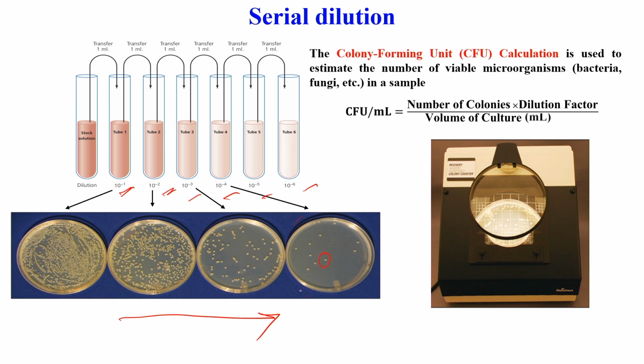So, based on this we also calculate what is the concentration of microbe in terms of colony forming unit per ml, CFU per ml. It says number of colony into dilution factor divided by volume of culture. So, what was the amount of culture you added for the dilution.